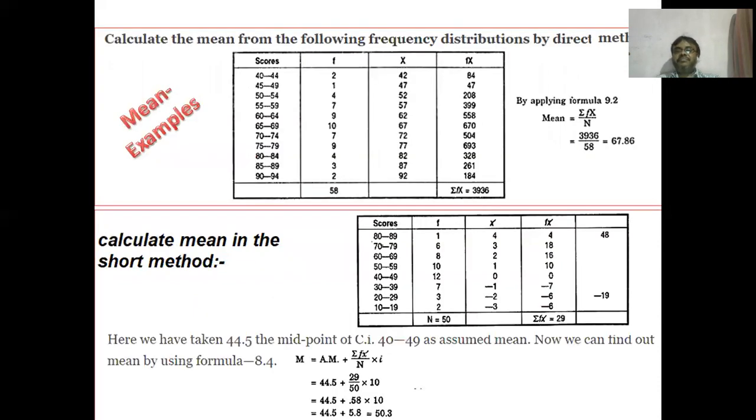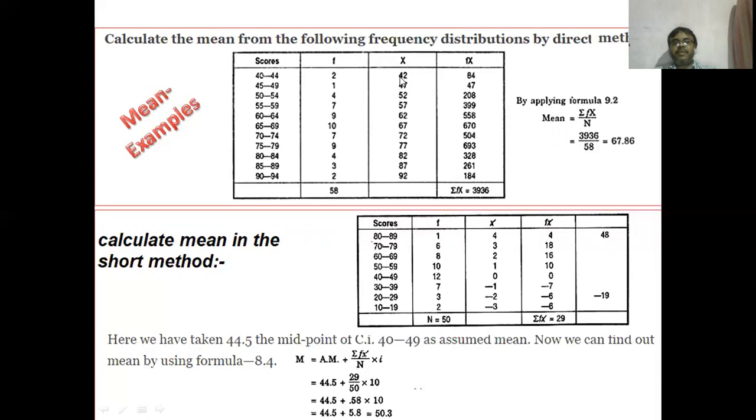Let's have some hands-on. In the first table, it is written that we have to calculate the mean from the following frequency distribution by the direct method. Direct method means we have to compute by the group mean method, that is summation of fx by summation of n, where the summation of f is written there, and x is also written.